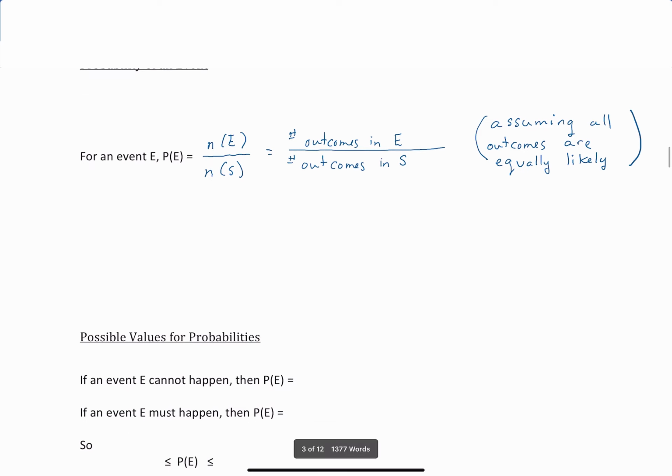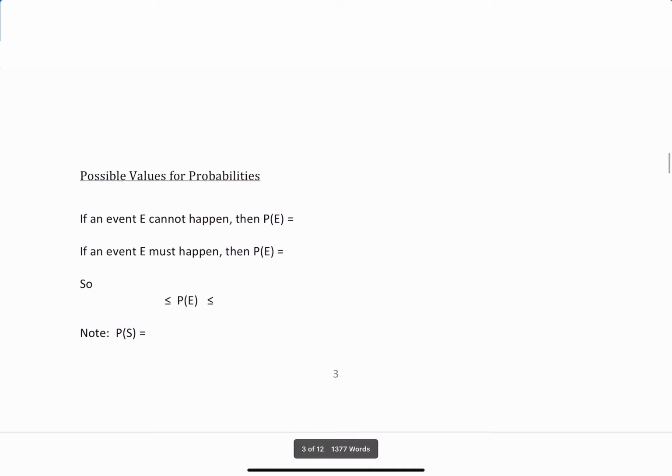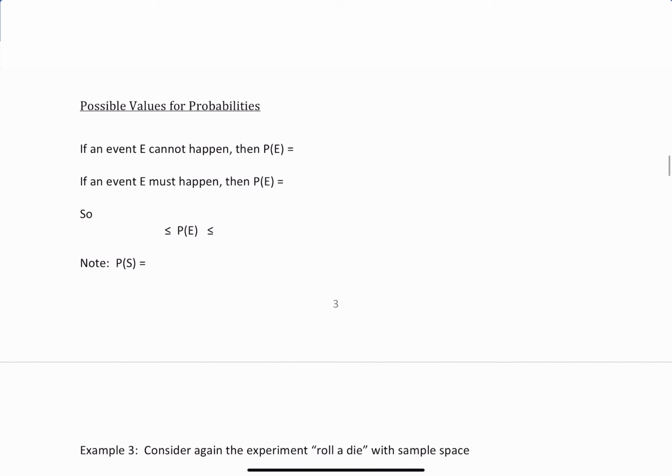Now, these probabilities fall within a certain range. To see why that is, let's realize that if an event E cannot happen, then its probability is 0%, which of course we would usually write just as a decimal, and all we need is a 0 for this.